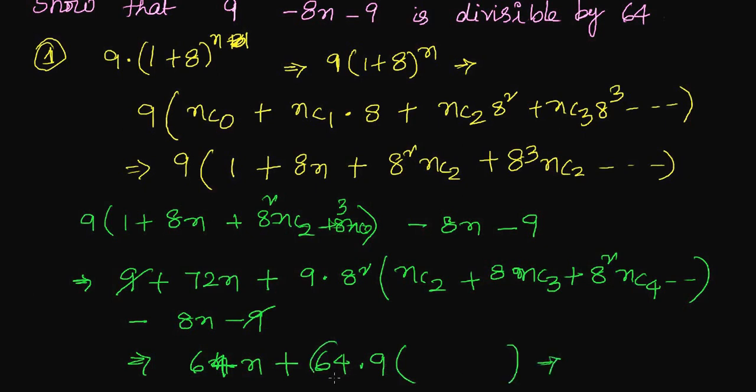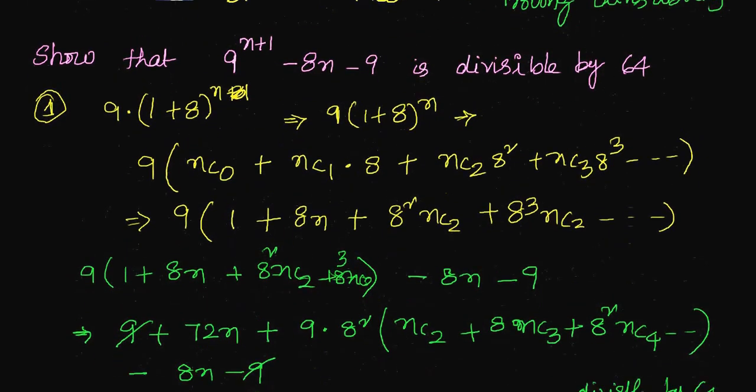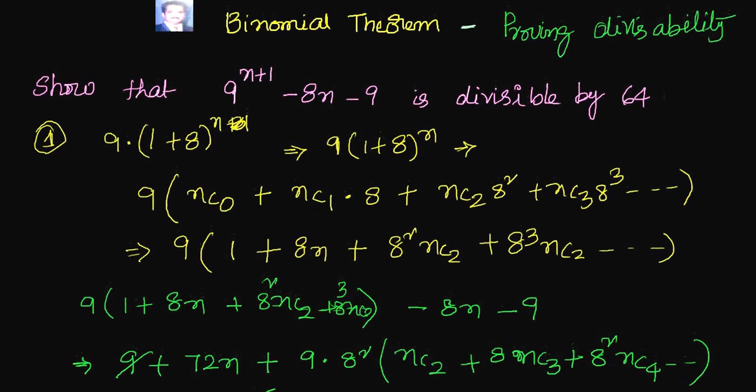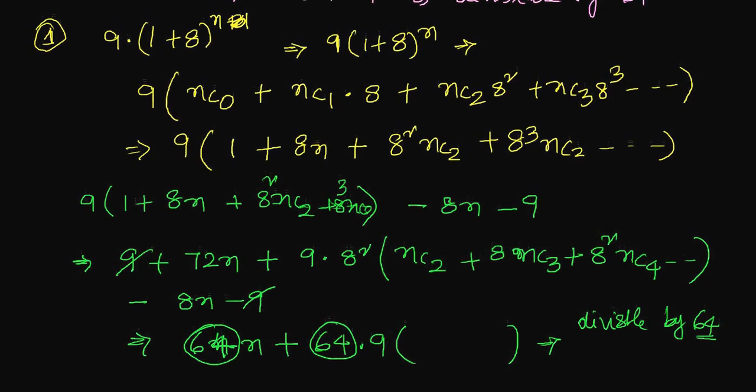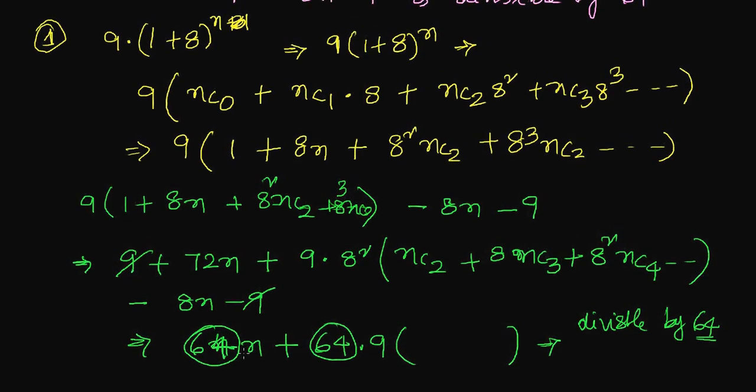So you can see here there is 64, here there is 64, that means this whole thing is divisible by 64. You can do it this way, or you can go directly for 9 to the power of n plus 1, whatever is convenient to you. So now I have 64 here, 64 here, and here I have nC2, I don't want to leave it, so I can say 8 nC3 and all that stuff.